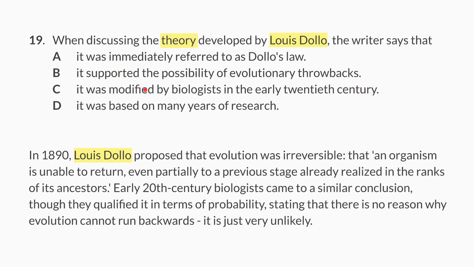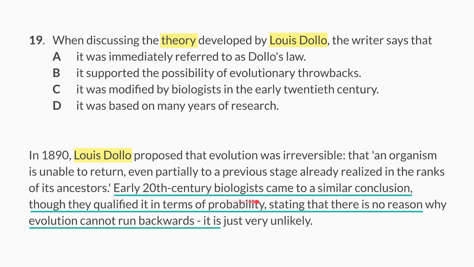What was modified? We're talking about the theory that Louis Dollo developed. That theory was modified by biologists in the early 20th century. So this right here, my friends, is our matching sentence, and that is where we have found our answer. Here we see a mention of early 20th century, we see a mention of biologists, so we know that the answer has to be C, right?